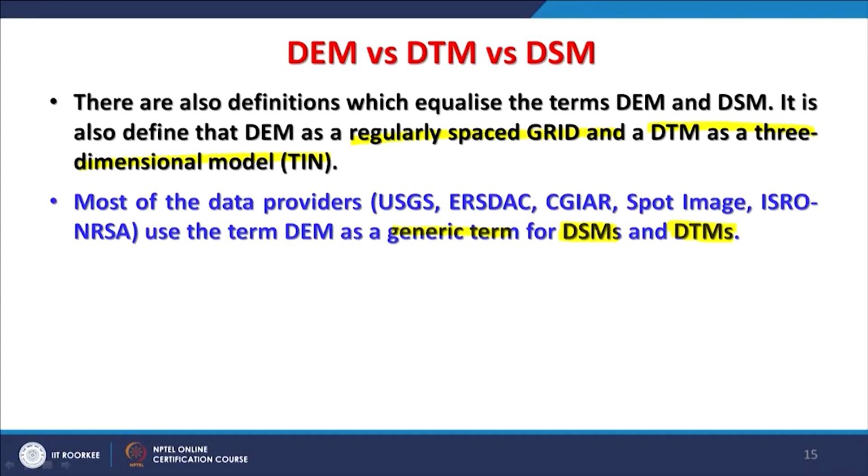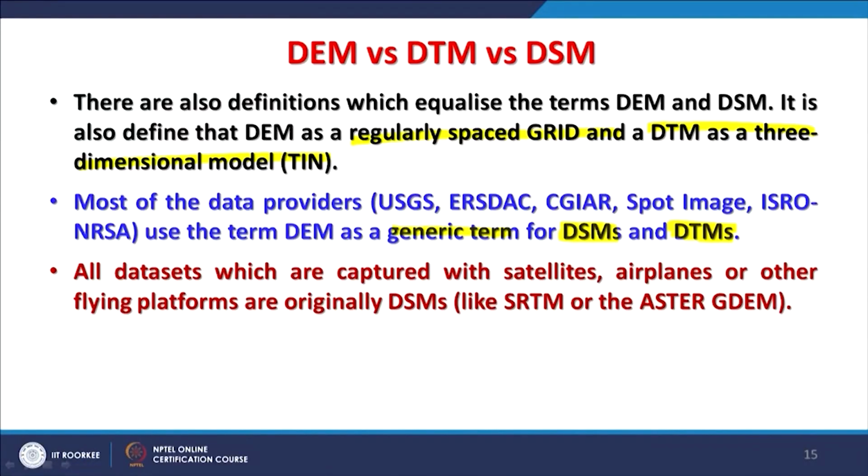But otherwise, if you go to sites like Earth Explorer of USGS or others, or ISRO's Bhuvan, and go for downloading of digital elevation models, you would find they are using the term DEM. So, all data sets which are captured with satellites, aeroplanes through aerial photography or other flying platforms are originally DSMs, but they are called DEMs.